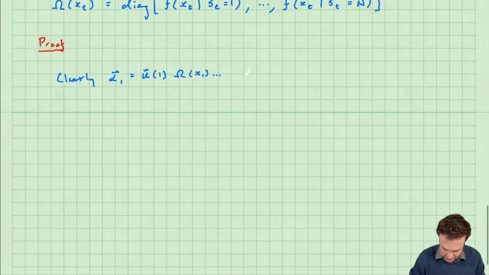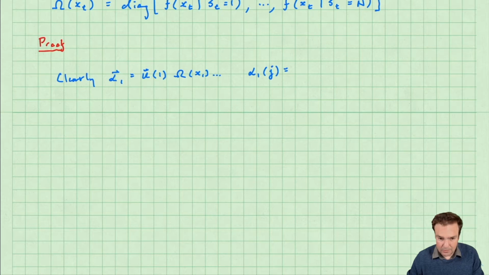So we'll say alpha 1, its jth component, right? And so what is this equal to? So this is u_j at time 1, times omega jj at x1.